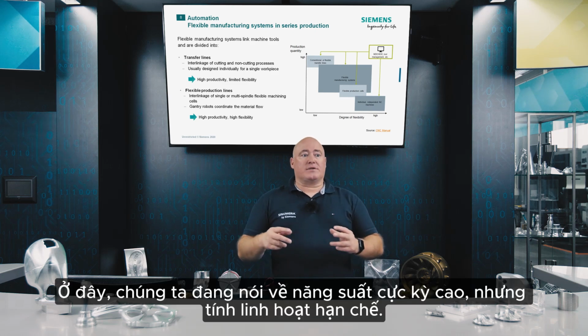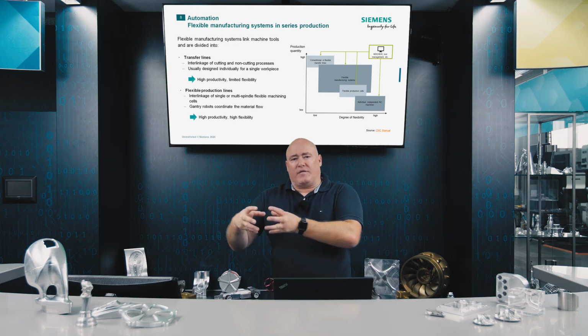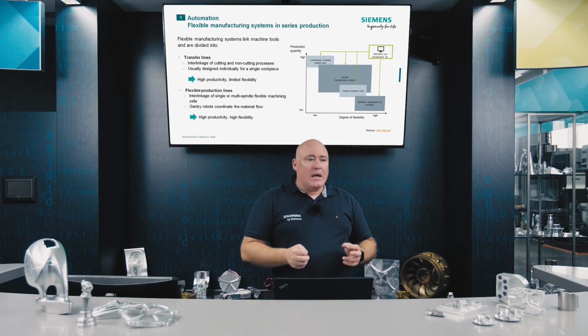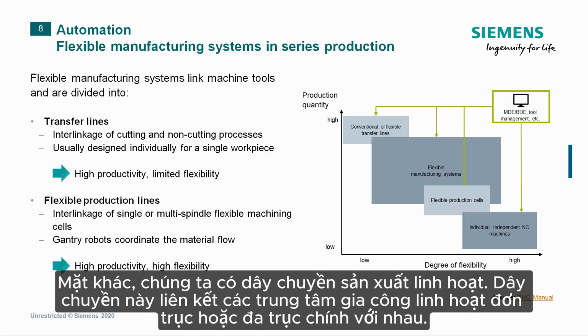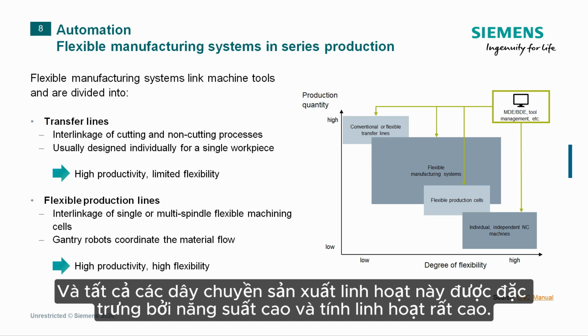Here we're talking about extremely high productivity, but with limited flexibility. On the other hand, we have the flexible production line. This links together single spindle or multi-spindle flexible machining cells. And all these flexible production lines are characterized by high productivity and very high flexibility.